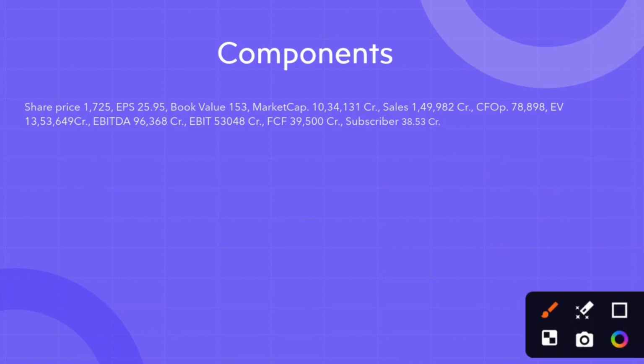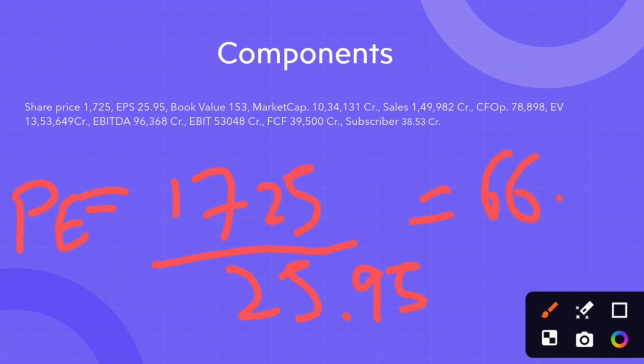First we calculate the PE. To calculate PE we require the share price. The share price here is 1725 divided by the earnings per share, which is EPS, 25.95. This gives us a price to earnings of 66.47.